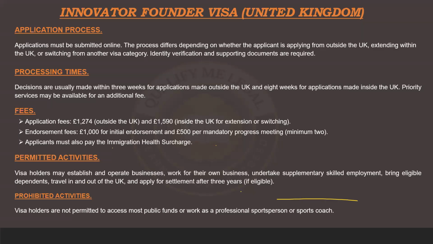Amar: But what if you have paid for the endorsement body, visa, and everything, and then the Home Office rejects your idea? Do you get a refund of the amount you have spent? Let me explain. If the endorsement body has approved your idea, then there is a high chance the Home Office will not reject you because of the idea.